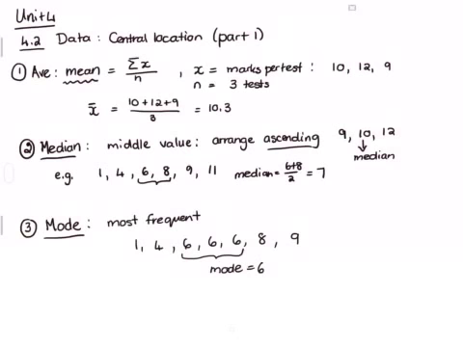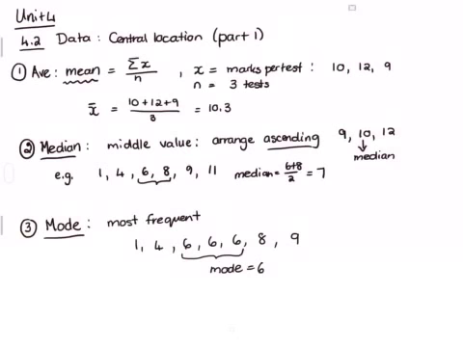And it really depends on your reason for finding a central location, which one of these you would use. If you wrote 3 tests and we said we're going to take your average mark as your test mark, then obviously you would use the mean.